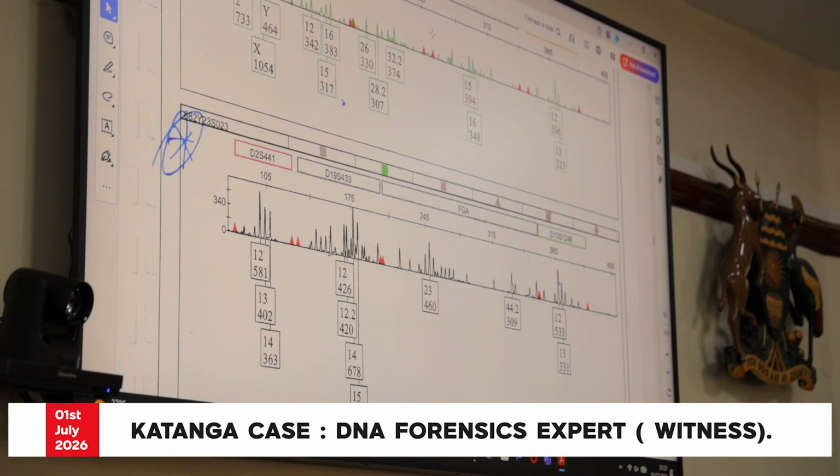Now, when you find this type of result, a ladder, what does it mean? It means that this sample cannot be interpreted at all.